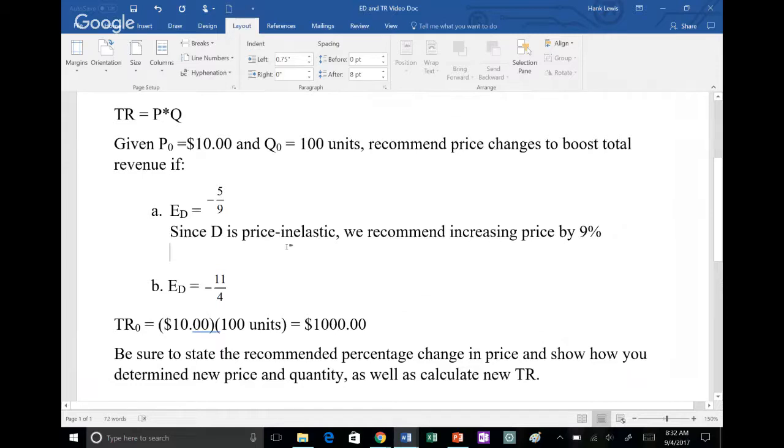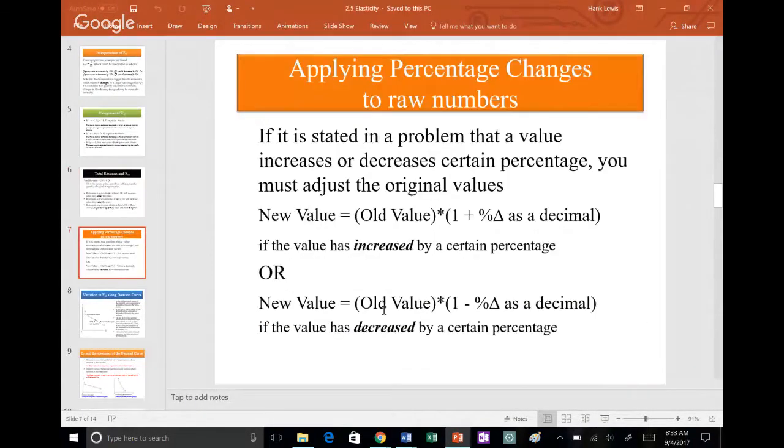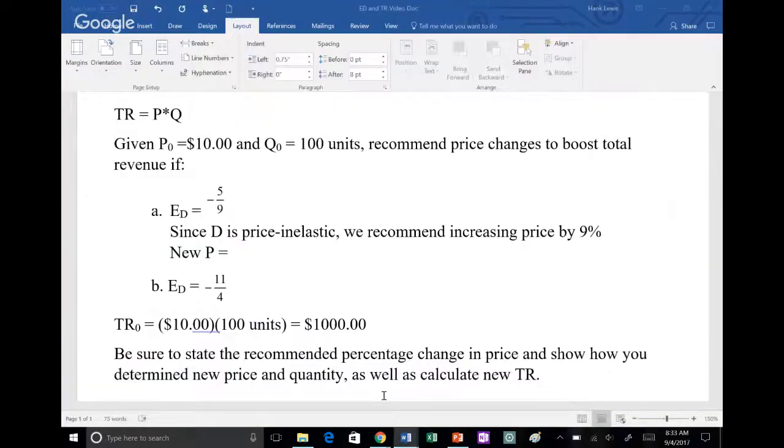Okay. So new P is equal to, remember our formula here, let's go back to that slide. It's the old P times 1 plus the percentage change as a decimal. Now, what's 9% as a decimal? Take a moment to think, everybody. 9 divided by 100 is equal to 0.09.